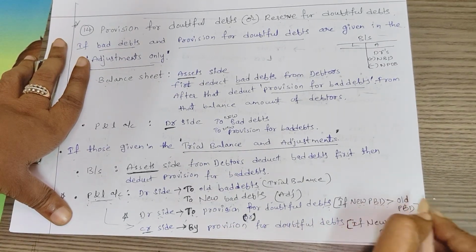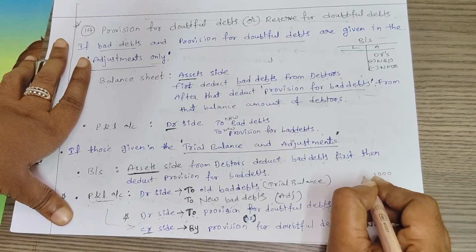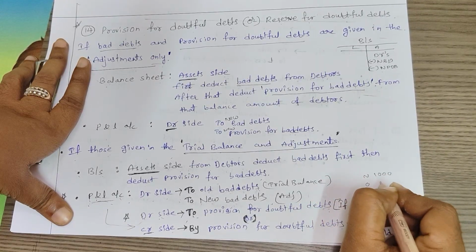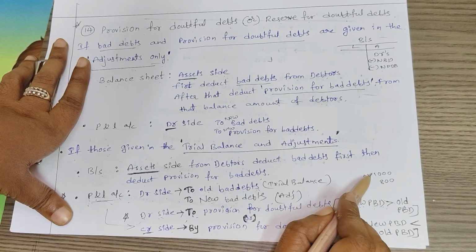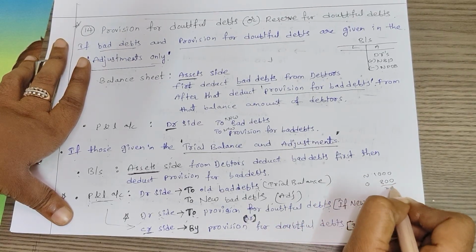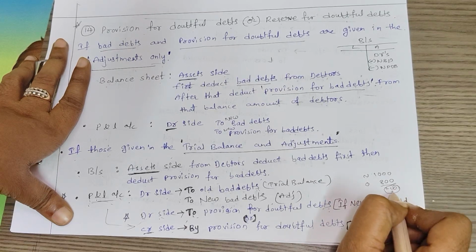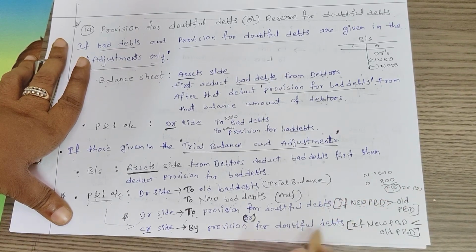For example, new provision for bad debts is 1000 rupees, and old provision for bad debts is 800 rupees. So what happened here? New is greater than old. The difference is 200. Where should we show this 200? On the debit side of the profit and loss account, writing provision for doubtful debts.